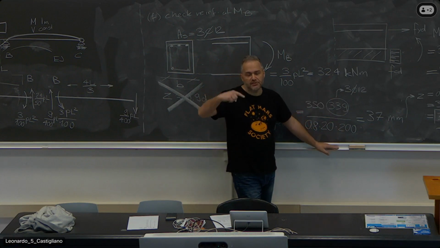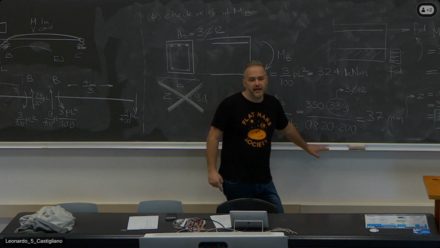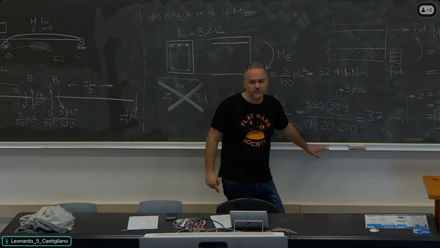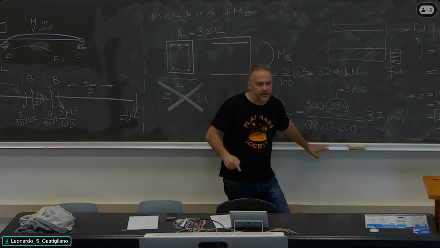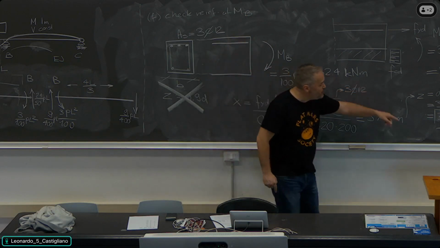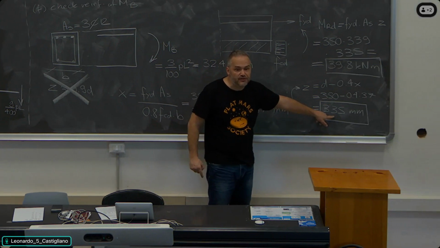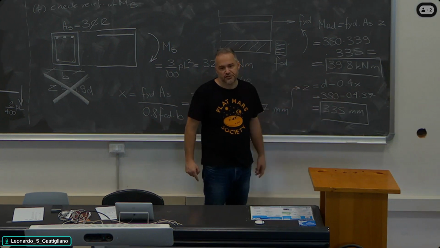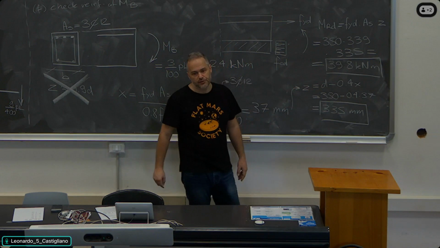Quickly back to the previous assignment. Previously I said I could go with 5 rebars, but I would have to check it. What does that mean? If I choose in the previous assignment to do 5 rebars, then I would have to go through all this, and maybe with an accurate and more refined value of internal lever arm, I get a positive check. I leave this to you as homework.